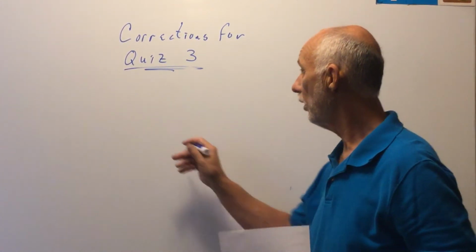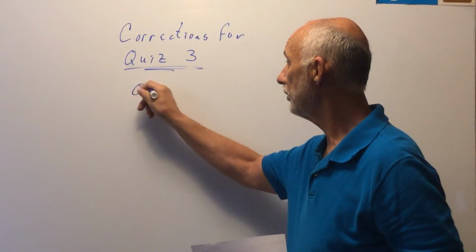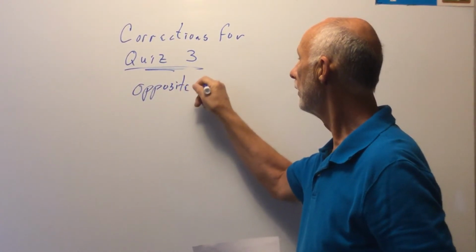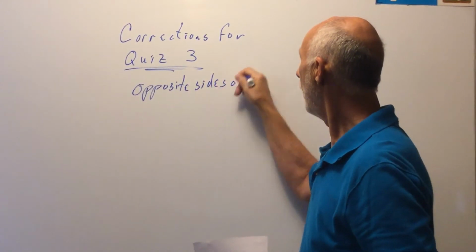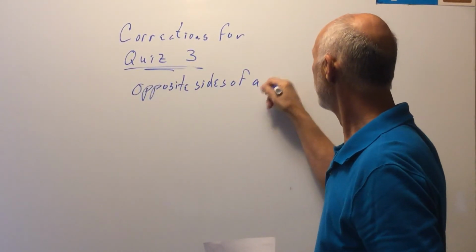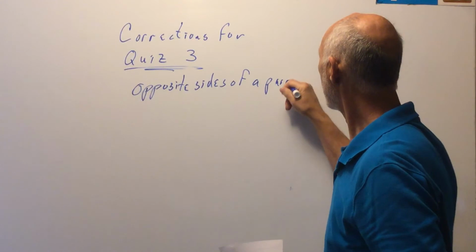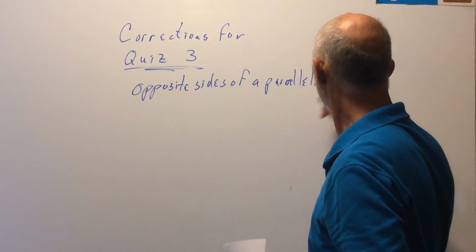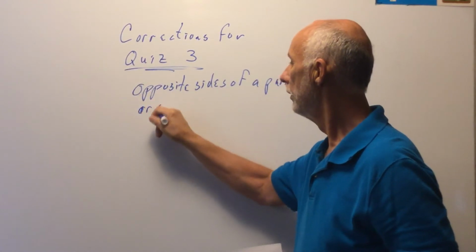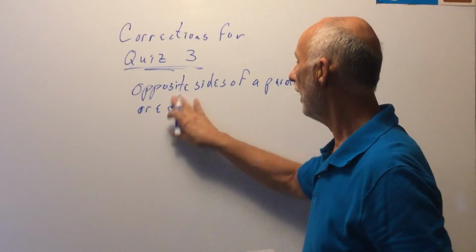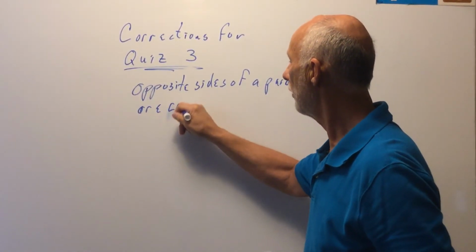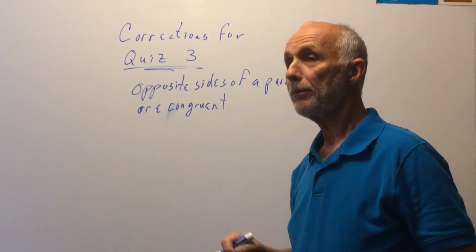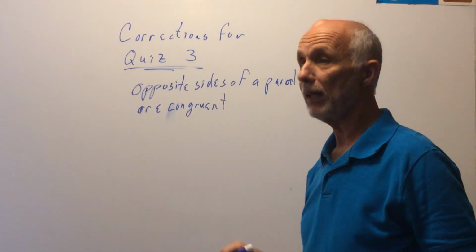The thing that you need to know about a parallelogram is opposite sides of a parallelogram are congruent. And again, what does that mean? Well, it basically means they have the same measurement.